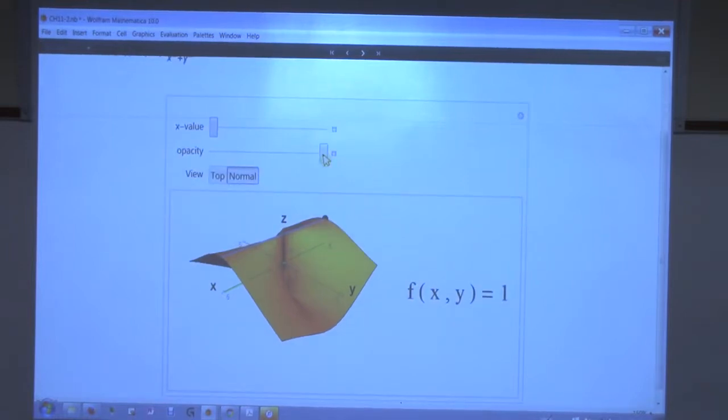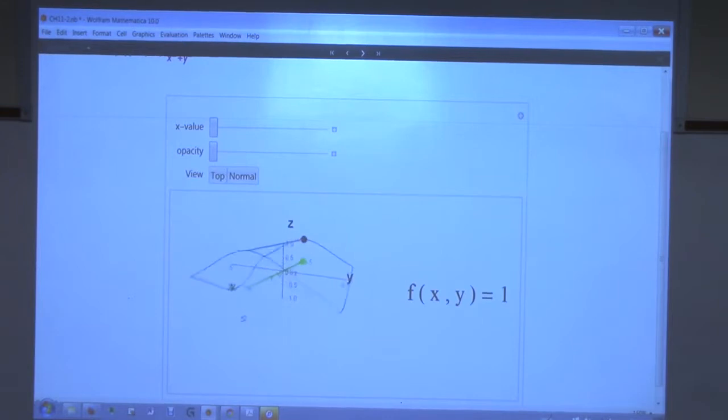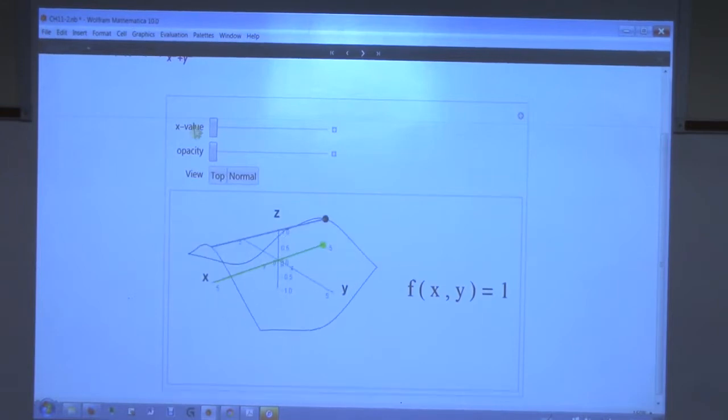So I'm going to take the surface out completely, just so you can see what's happening. Along the x-axis, see that green dot? The green dot is just the input, and the black dot is actually the output of the function. So as the x value moves along, do you see that the z value is just staying up there at 1?